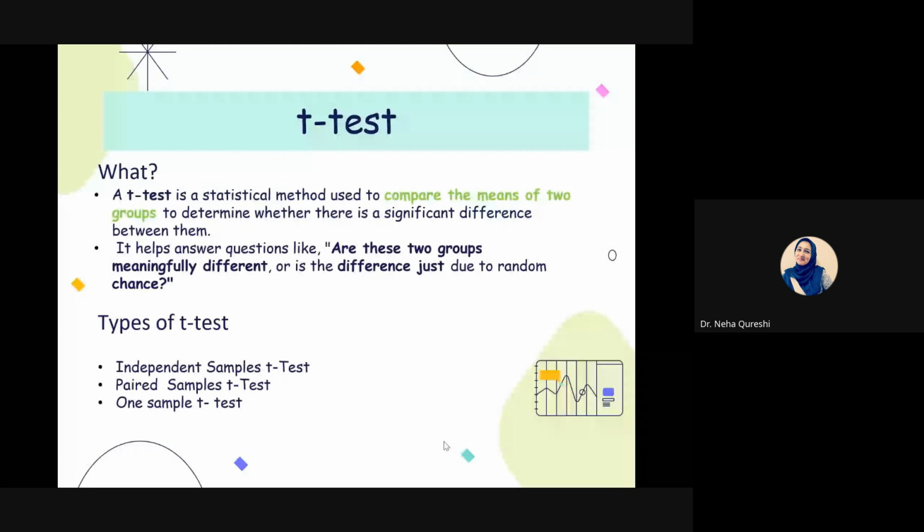So for the same number of people, you will have pre-data and post-data to check whether this particular training program has altered your scores. That time we can use a paired t-test because the people are the same, just the time periods are different. Then the one sample t-test is mostly used when you have to see the difference between the sample and the true population.